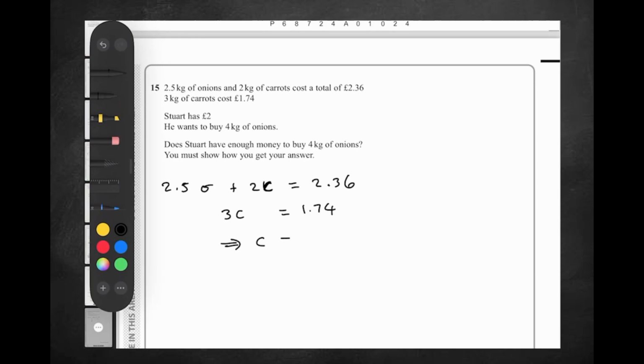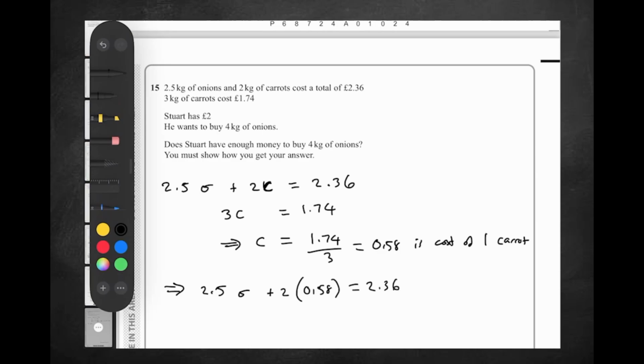Therefore, we can work out what c is by doing 1.74 divided by 3, which I'll do on my calculator. So 0.58 is the cost of 1 carrot. So I'm going to put that into the top equation. Therefore, 2.50 plus 2 lots of 0.58 equals 2.36.